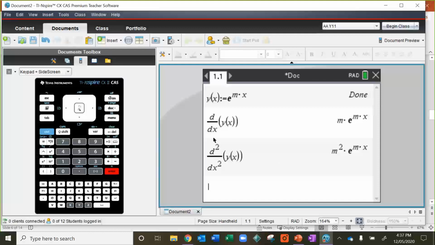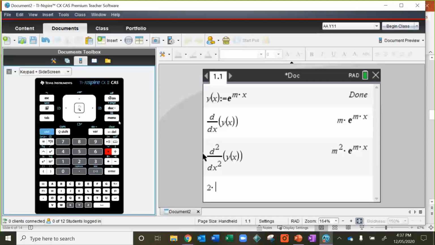Now we look back at our differential equation, which was twice the second derivative, so 2 times, and we go up and we get the second derivative, and then we had plus 7 times the first derivative.